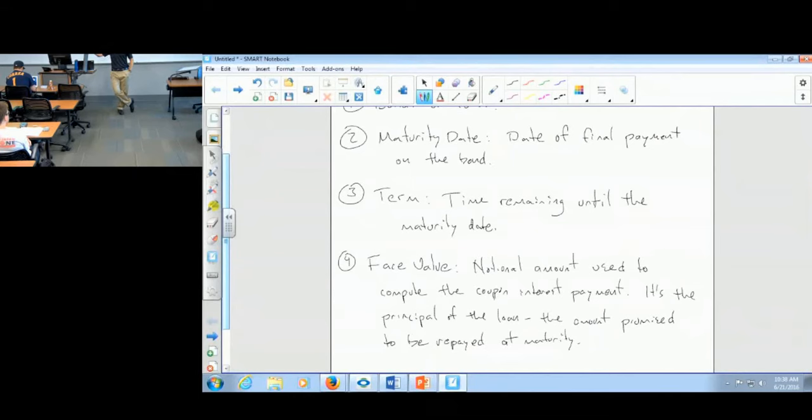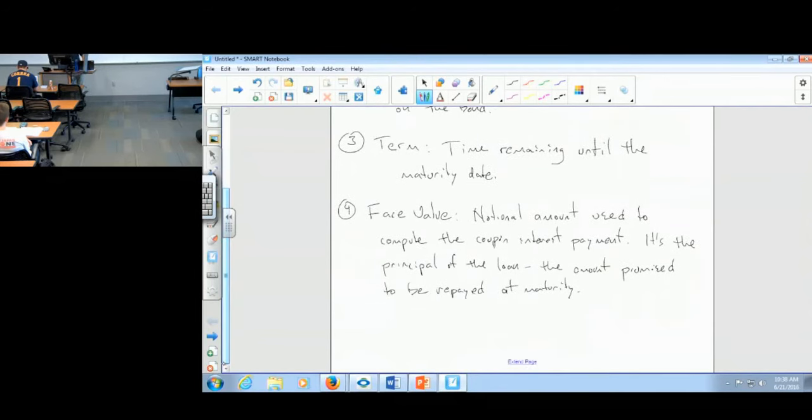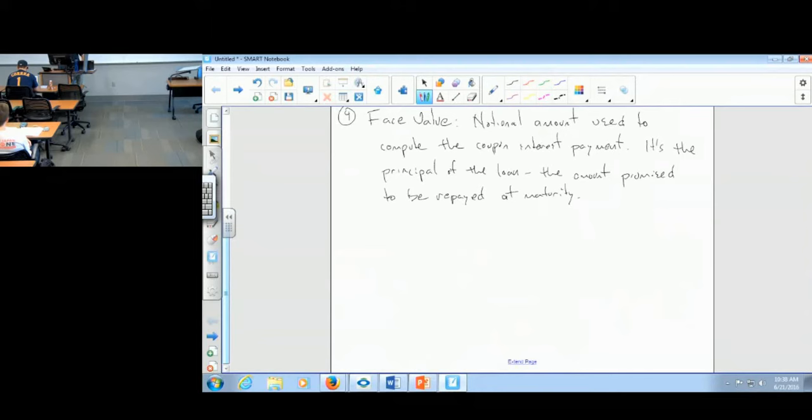Bonds are interest-only loans. The payments that they make periodically are interest-only, and at maturity, all of the principal is due at one time, right? And we call that the face value of the bond. And we're going to use that amount to calculate the coupon interest payments.